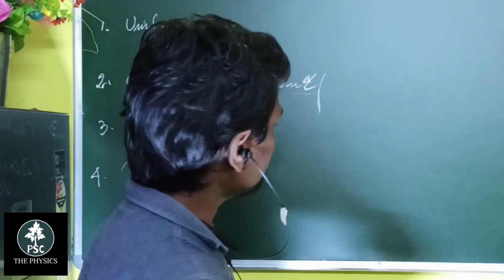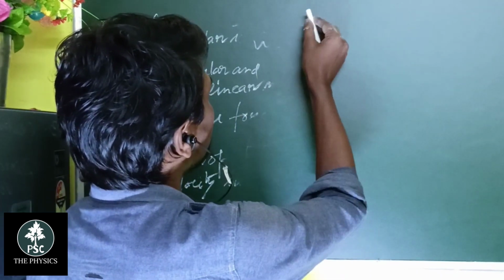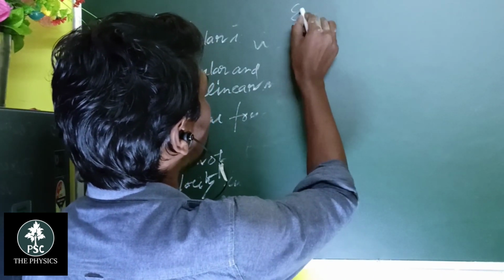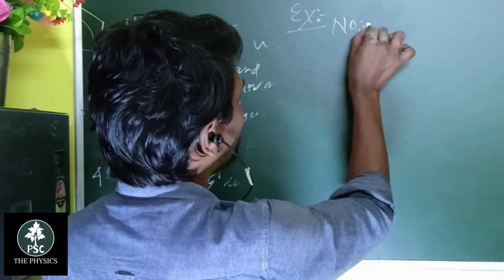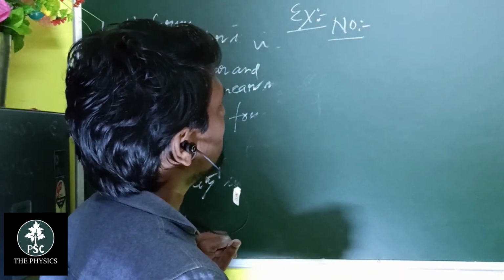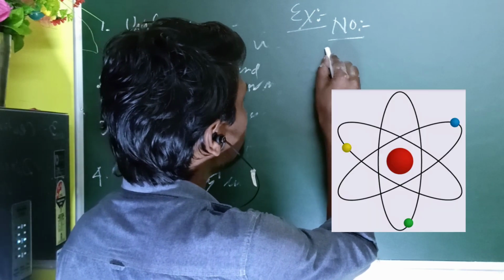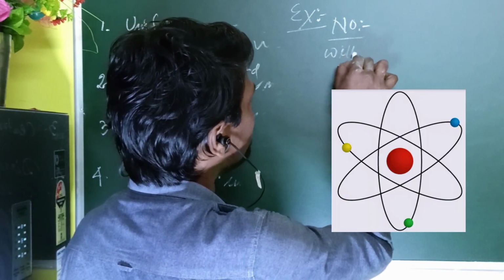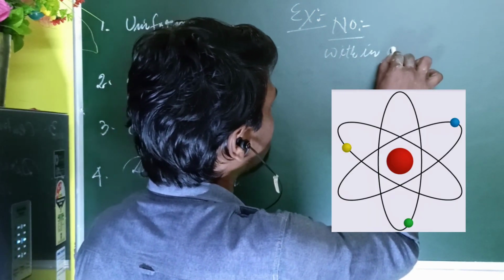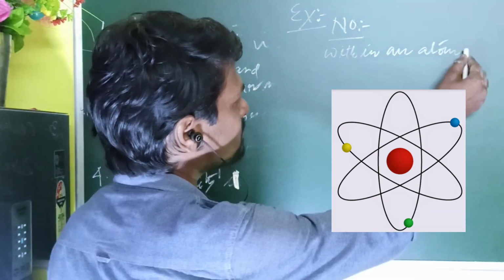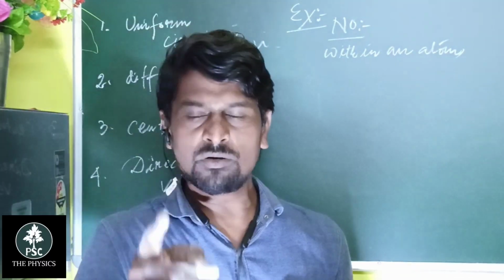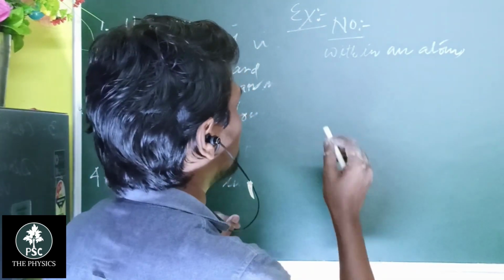First of all, students, take example number one. Within an atom, an electron revolves around the nucleus.